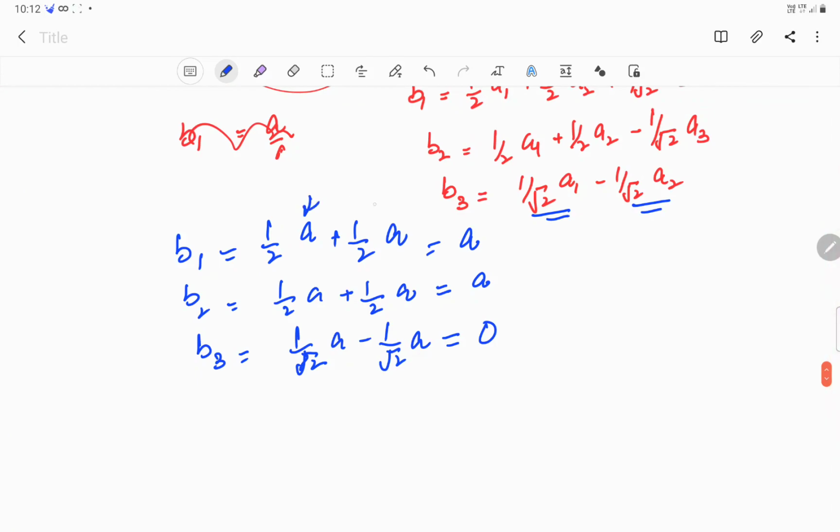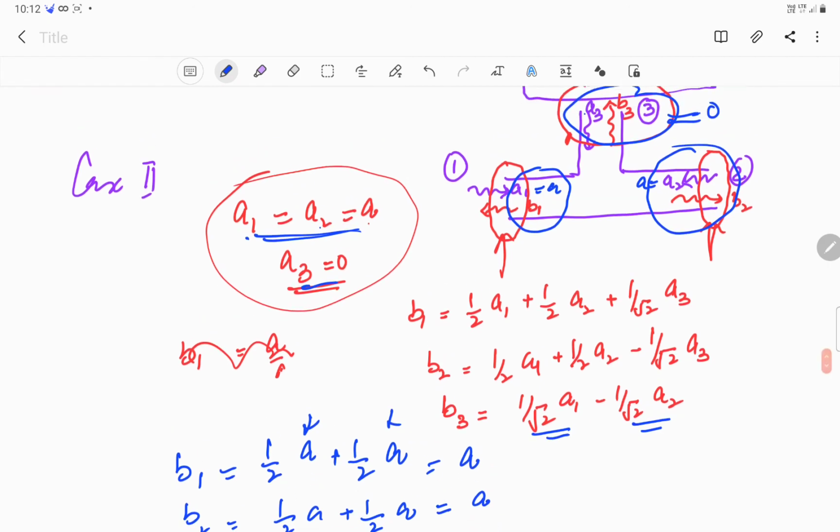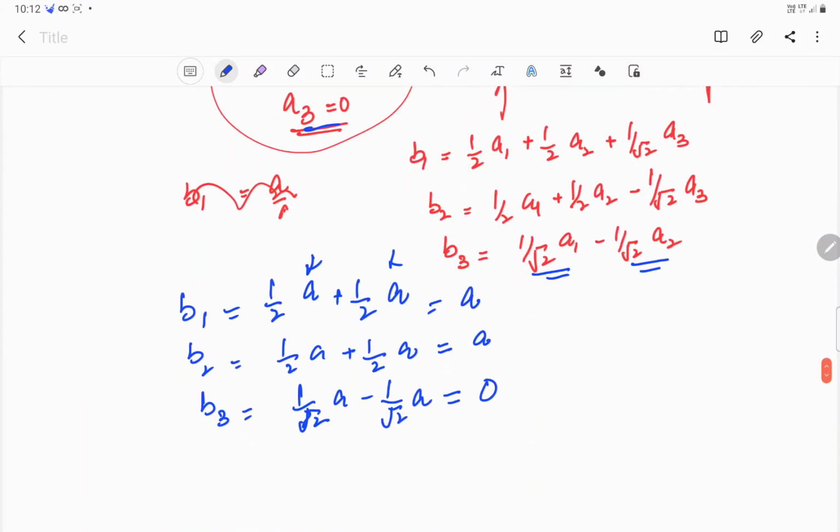If we are connecting two sources with the same signal strength at ports 1 and 2, the power received at port 3 would be 0. So this simply acts as a difference. At port 3 we are simply obtaining the difference of the two signals.